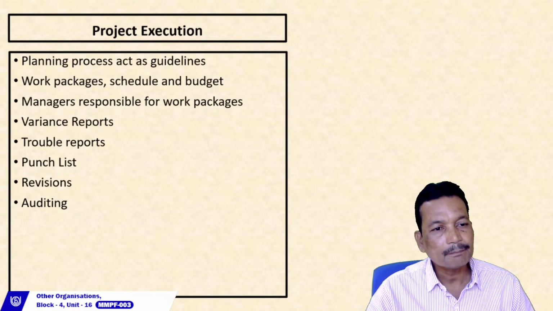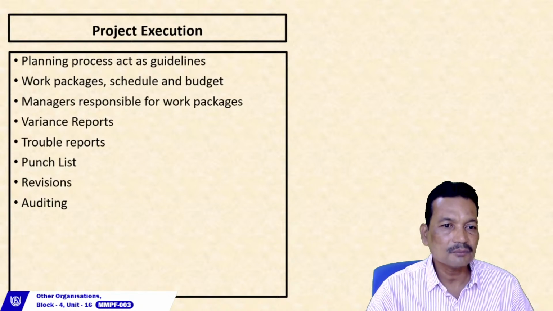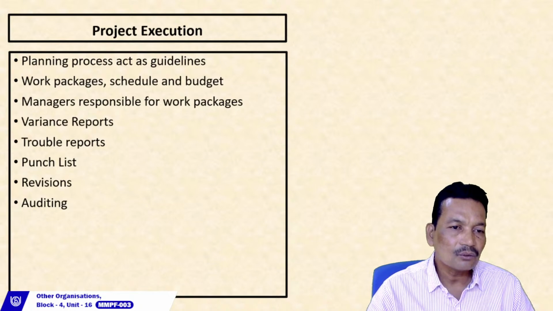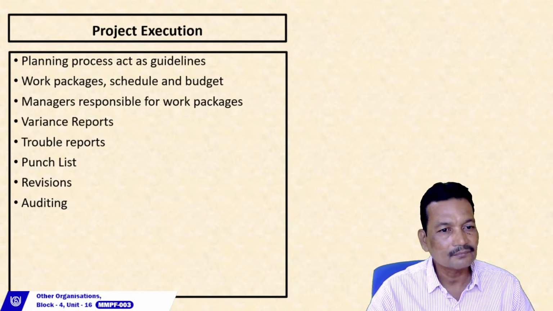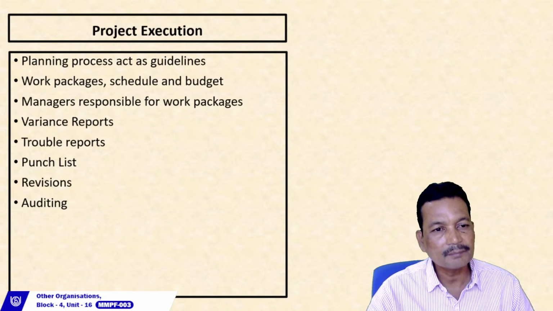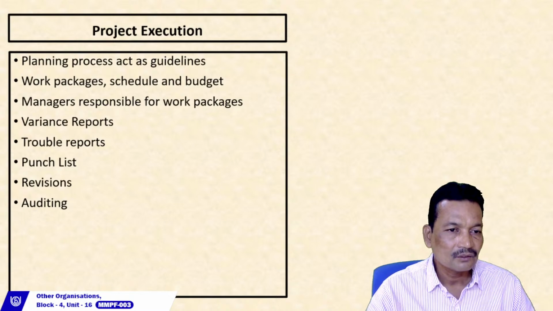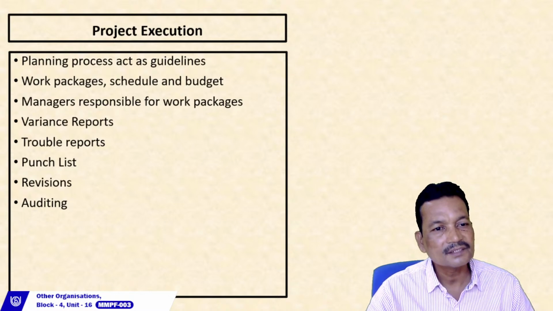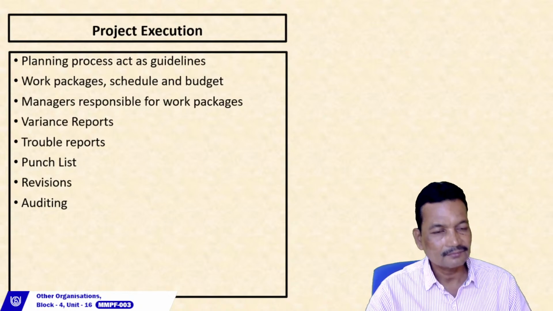Now we can make a punch list. What is that punch list? Sometimes the clients or the customers will be telling us, no, no, this activity is not what we wanted, this has to be revised to such kind of thing. So these small things, as insisted by the client, are included and prepared as a punch list.